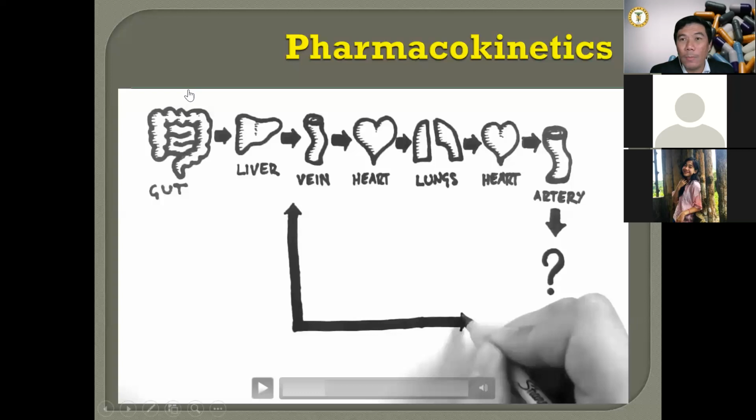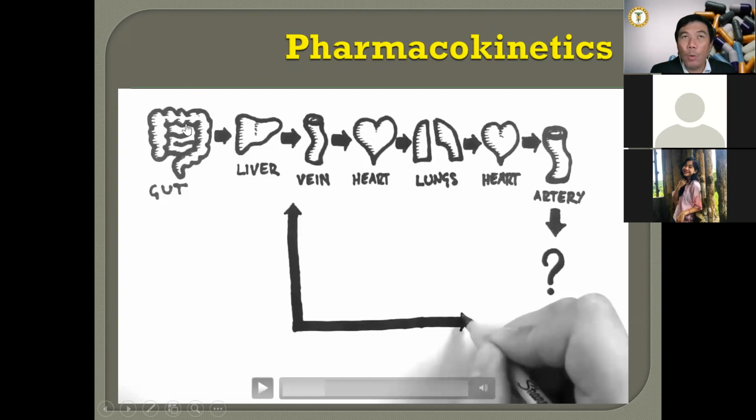Once the stomach initiates the breakdown of the drug, it will be absorbed via the intestine, and as I have told you, it will be detoxified by the liver. Class, most of the oral drugs will be detoxified by the liver because eventually they will pass through the GIT.